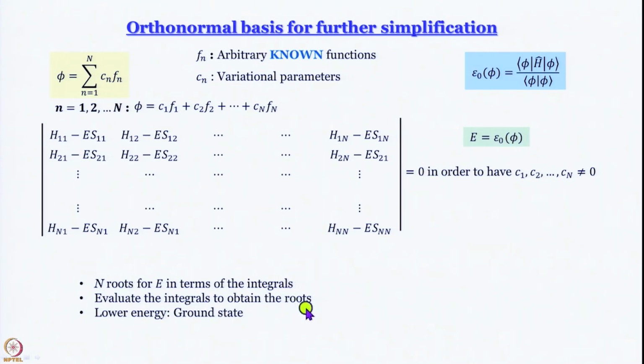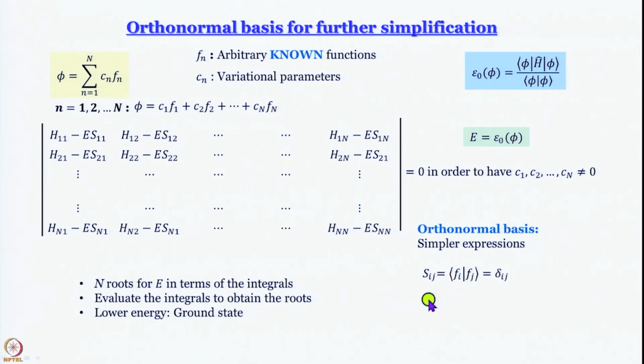Okay. Now, when we use an orthonormal basis, and we just touched upon this before closing the previous discussion, the expressions become simpler, for the simple reason that Sij, the integral of fi star fj over all space, is equal to delta ij.